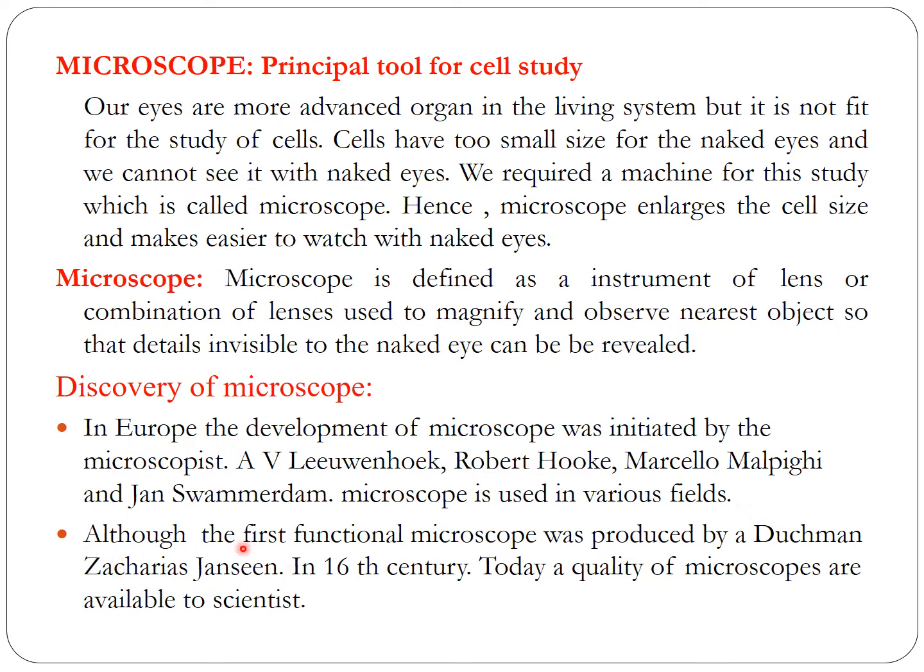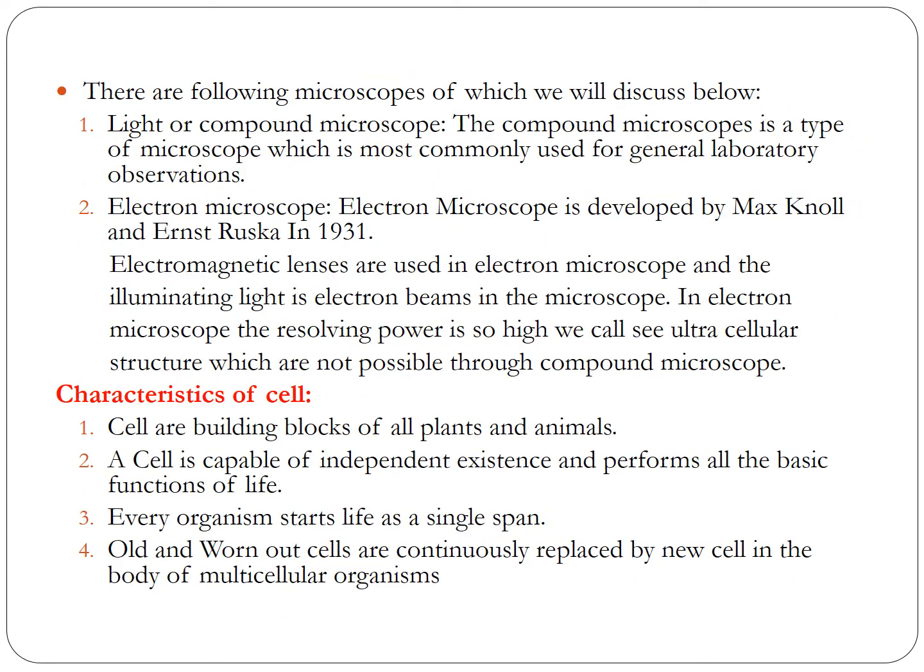Although the first functional microscope was produced by the Dutchman Zacharias Janssen in the 16th century, now various kinds of microscopes are available to scientists. But here we are discussing two microscopes.